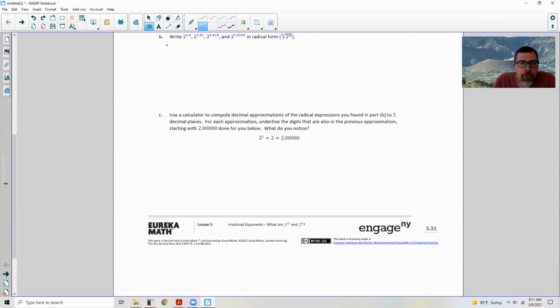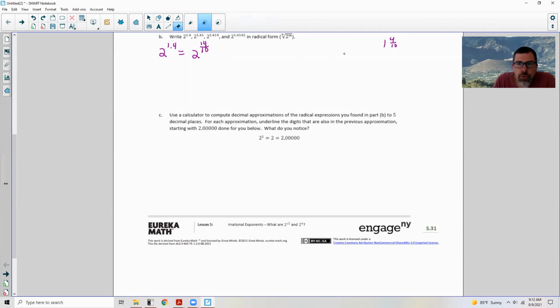Anyway, 2 to the 1.4 can be rewritten as 2 to the 14 over 10. Remember, 1.4 is 1 and 4 tenths, which is 10 plus 4, 14 tenths. So 2 to the 14 over 10.